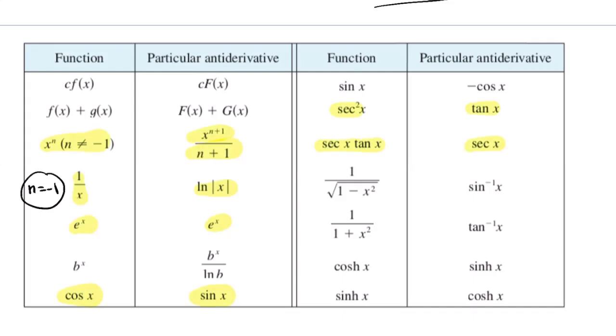All of these are just differentiation formulas that we learned in the past. If you take anything in the right-hand column in these two tables and you differentiate the thing on the right, you'll recover the thing on the left. That's what we mean by antiderivatives. Okay.